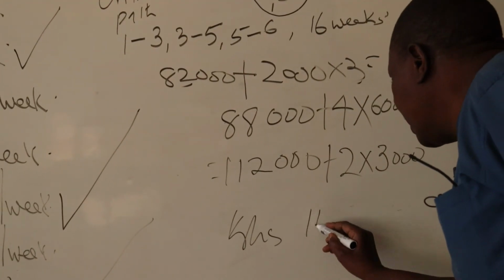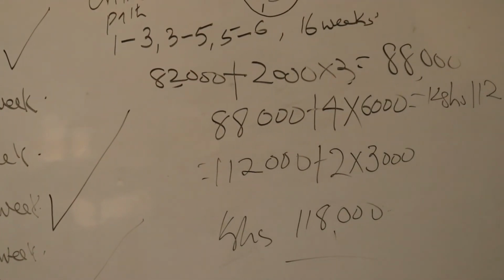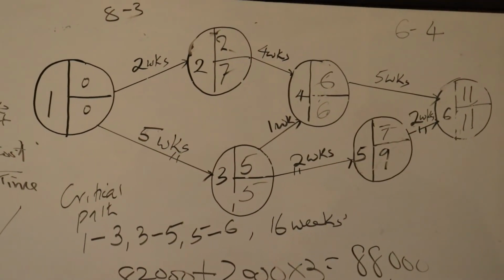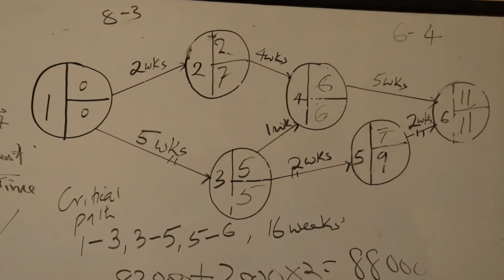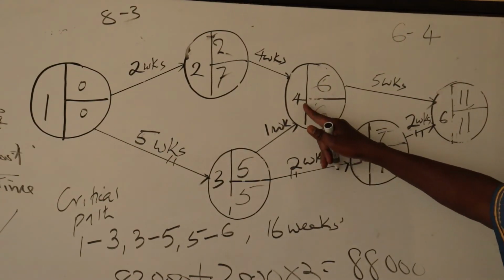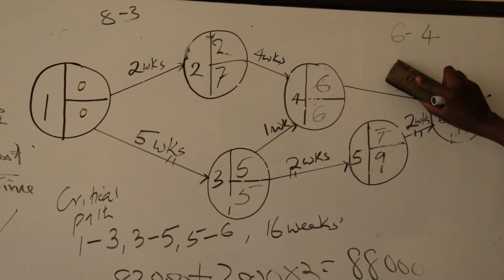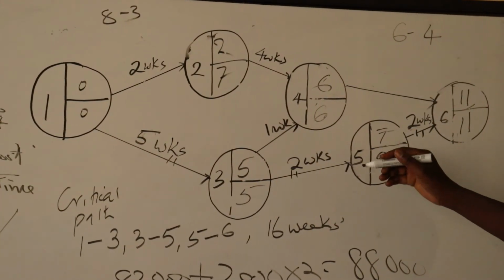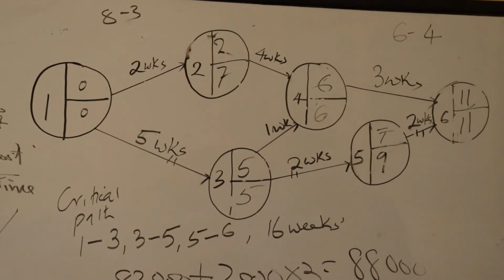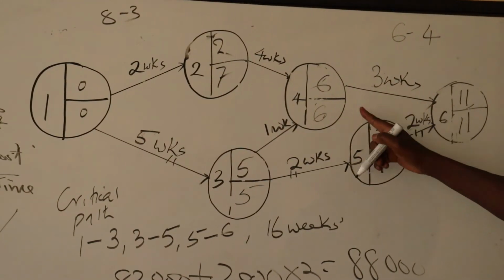This is 118,000 Kenya shillings when the project is crushed. Then let me reduce the duration of activity 4 to 6. Activity 4 to 6 is now reduced by 2 weeks. 5 minus 2 becomes 3 weeks. Now let me draw another network when the duration is 3 weeks.